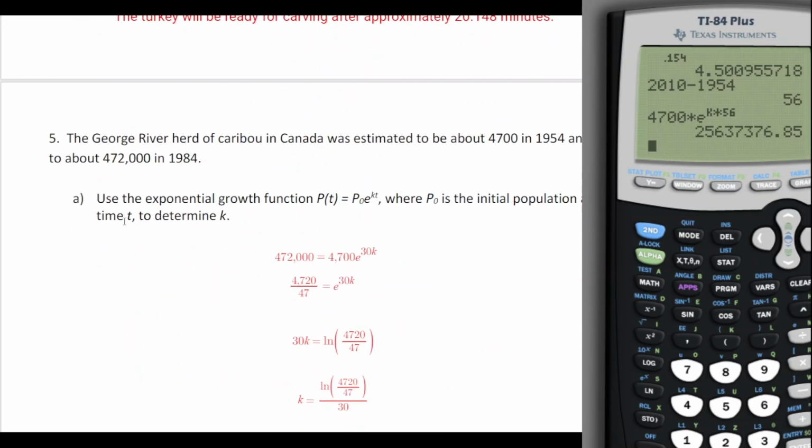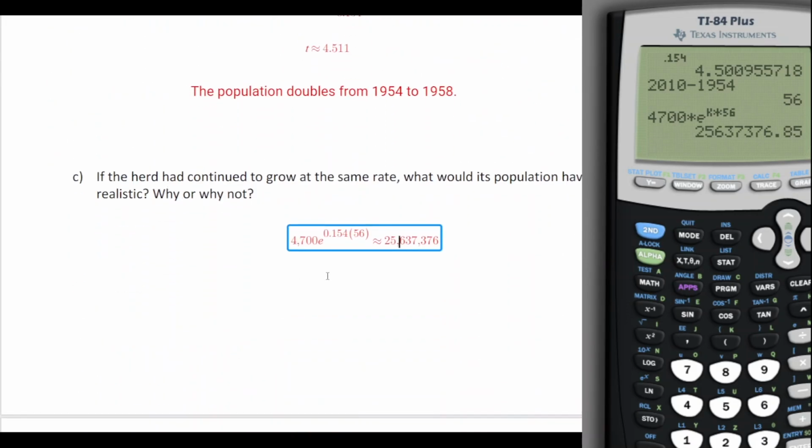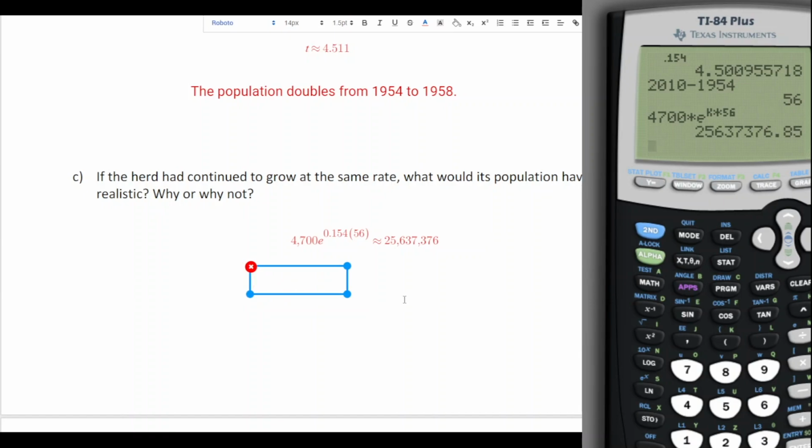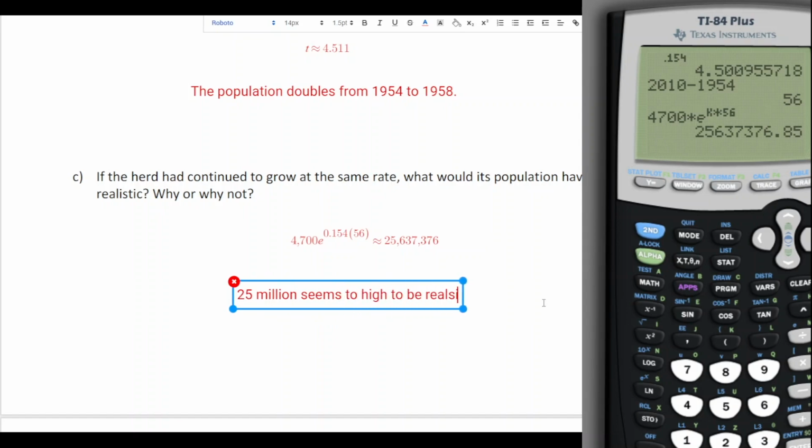25 million from 4,700. That just seems kind of high. I'm going to say 25 million seems too high to be realistic. Although, I don't know, maybe it is. It just seems high to me, so I'm not going to worry too much about whether that's technically right or wrong.